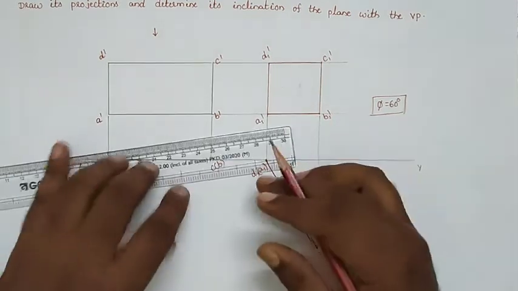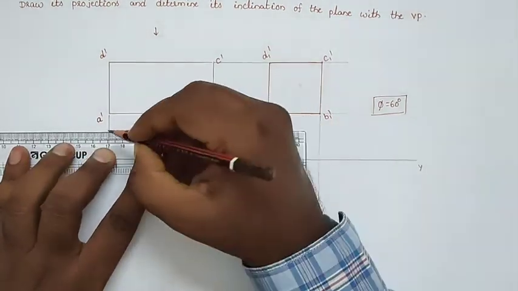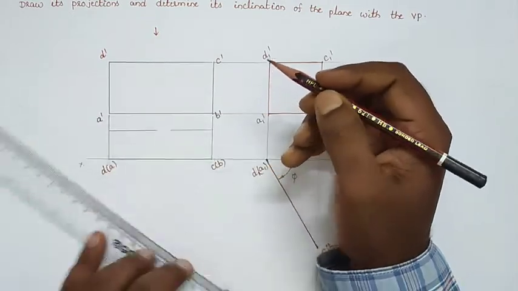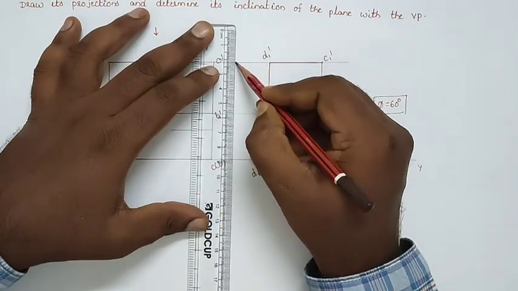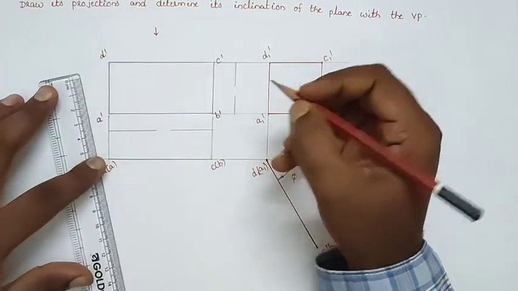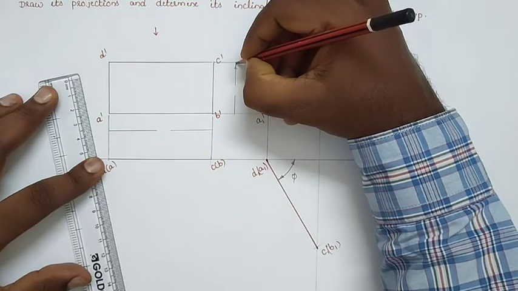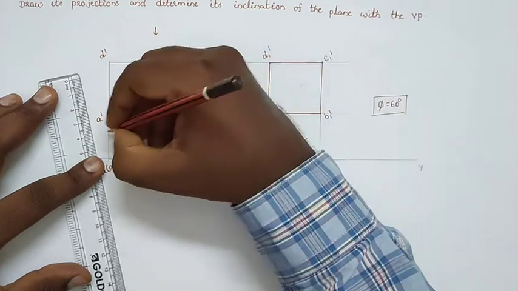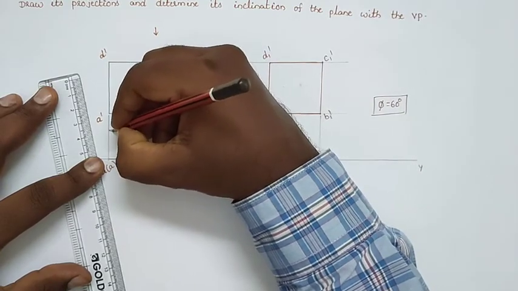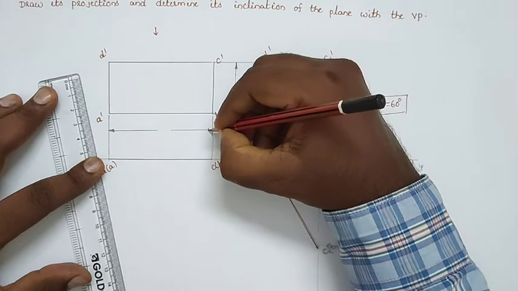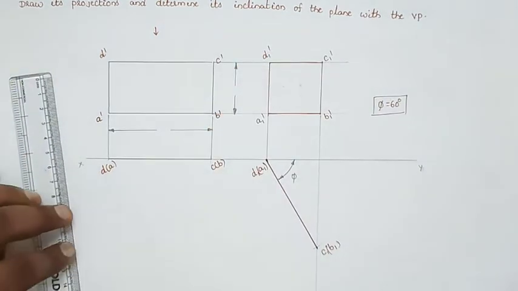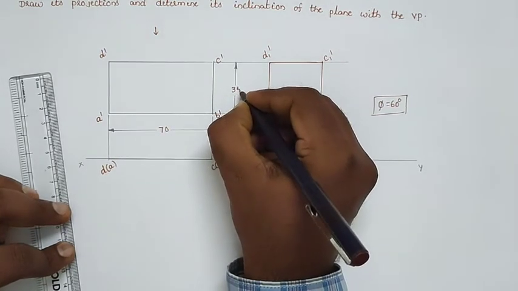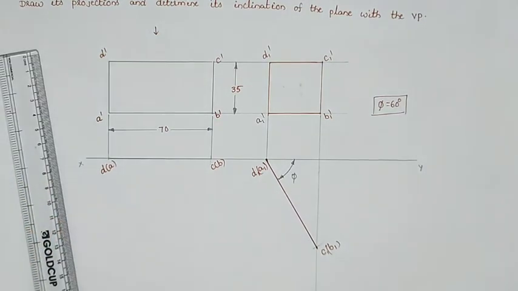After drawing the diagram, we will give the dimensioning. So this is 70 and this is 35. This is our required problem.